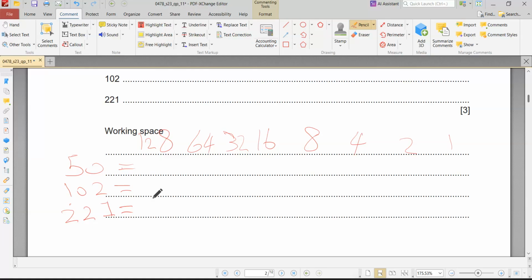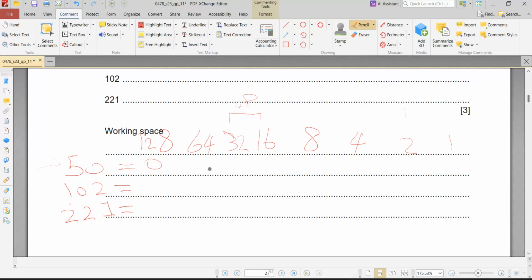So I'm going to see how I can get the 50 from here by adding the numbers. To get the 50 is a combination of the 32 and the 16. This gives us 48 if we add them together, and to have the 50, you have to add the 2 for them to be 50.